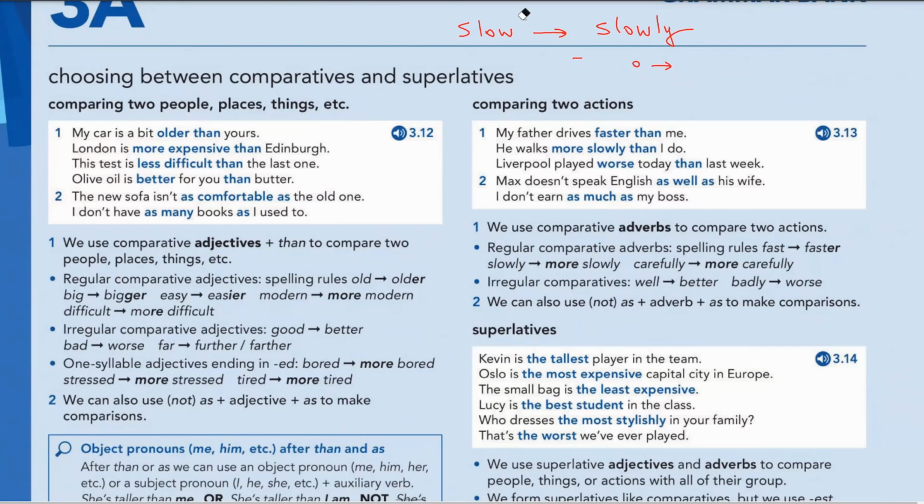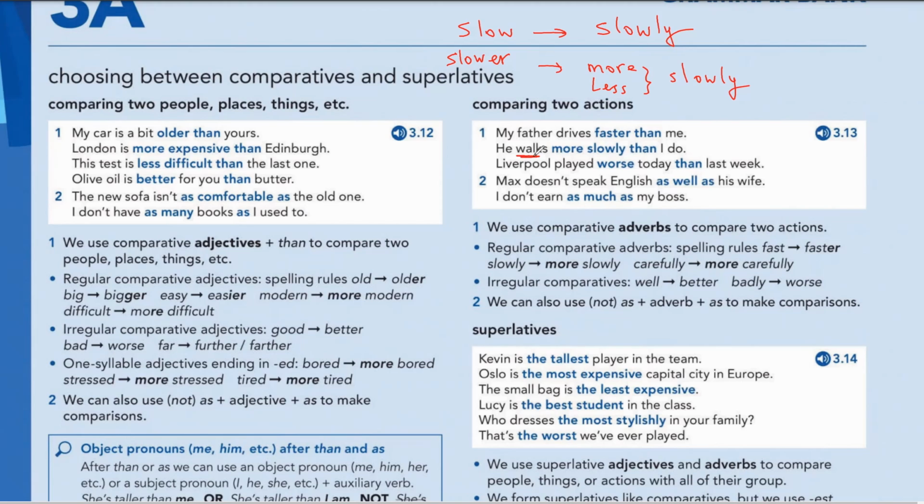Now, slow is an adjective. If I want to make a comparative, I add er: slower. But with slowly, I cannot add er. So it has to be more or less, and then slowly, because that is an adverb. More slowly, less slowly.